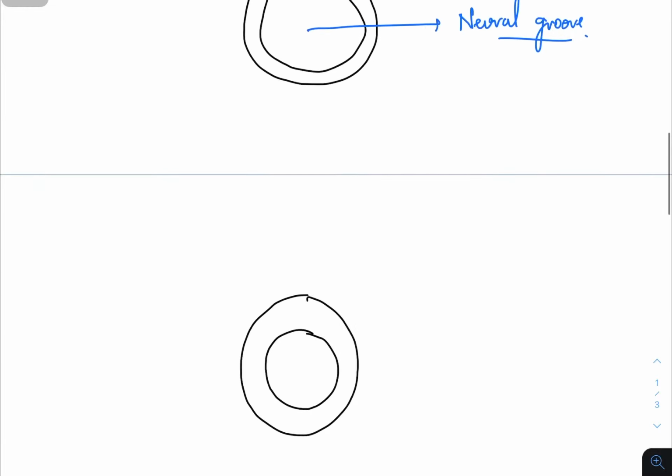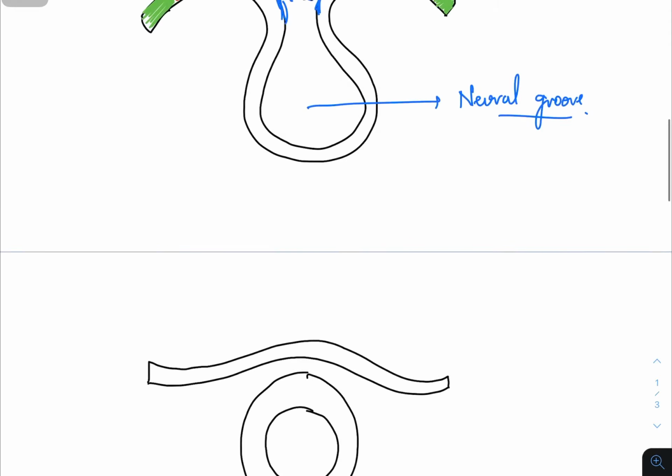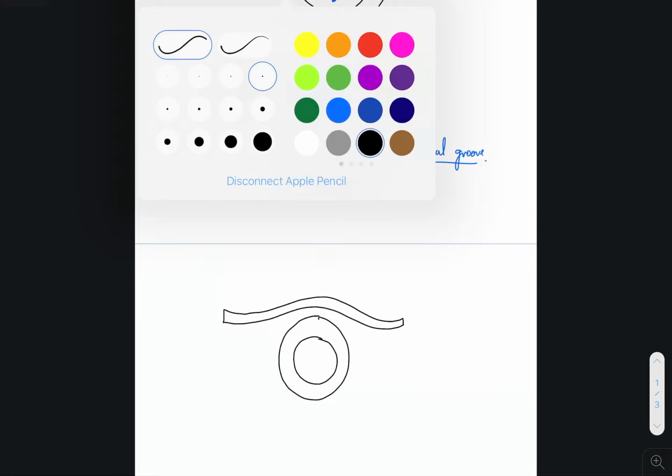and now look here. What has exactly happened here? I hope you can figure out what has happened.